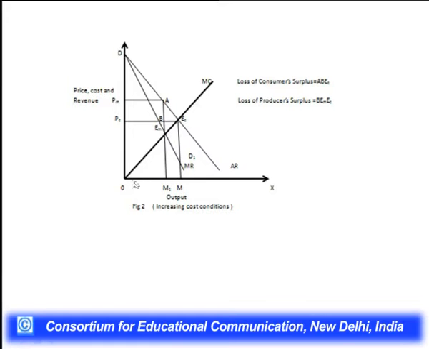Here the output produced is OM1, which is less than OM, and accordingly the price is equal to the AR, or up to the point on the demand curve, and this is M1A, or OPM is the price charged by the monopolist.